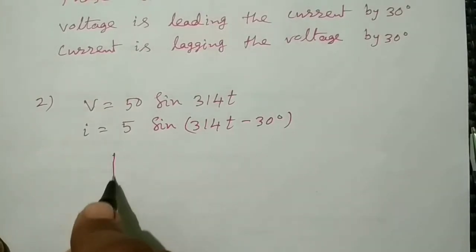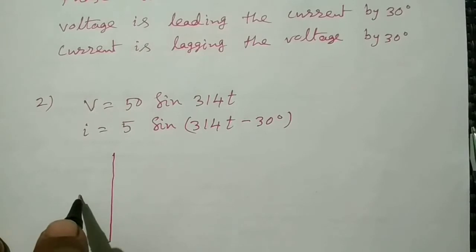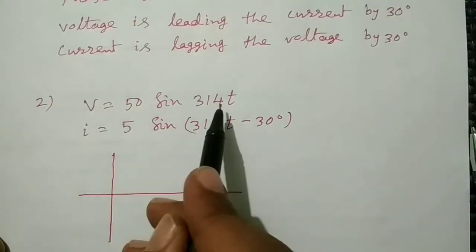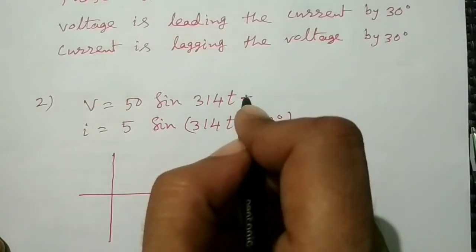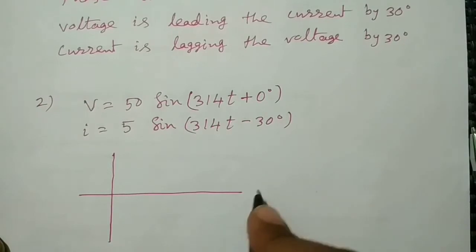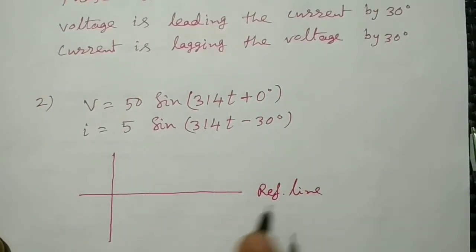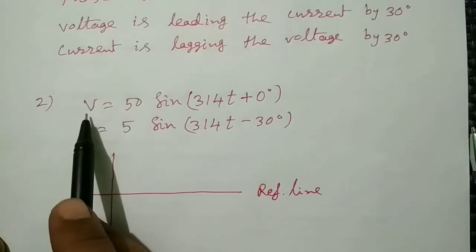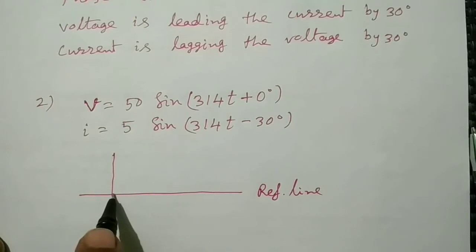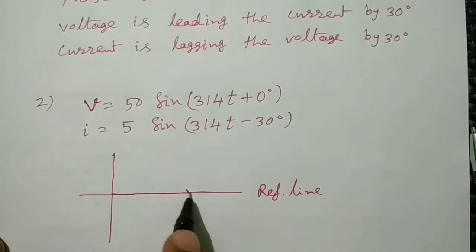So if we draw the phasor diagram of the voltage and current, here the voltage is 50 sin omega t. We can consider it as plus 0 degree also. So at time t equal to 0, the angular position of the voltage phasor will be 0 degree, that means in the reference line.